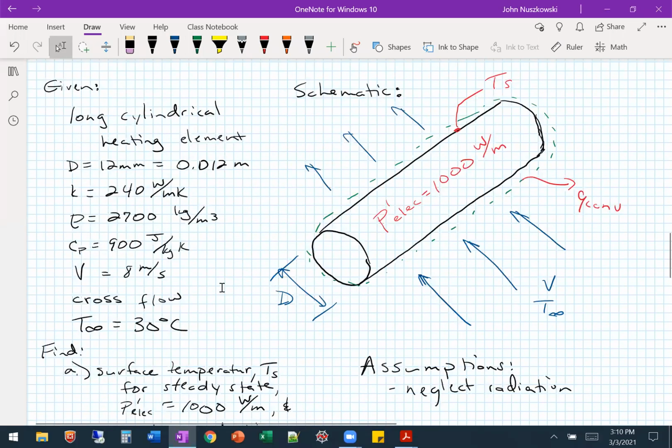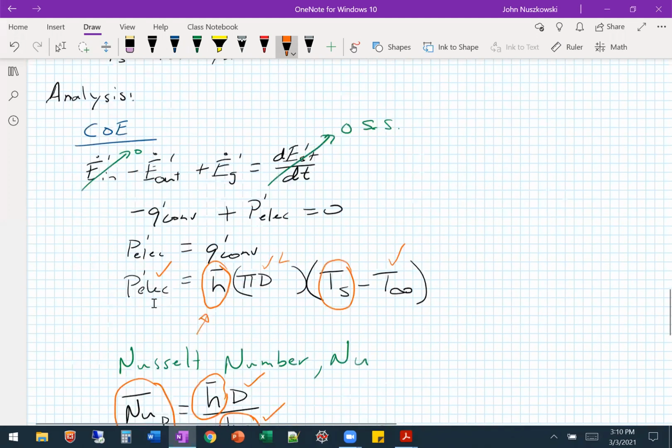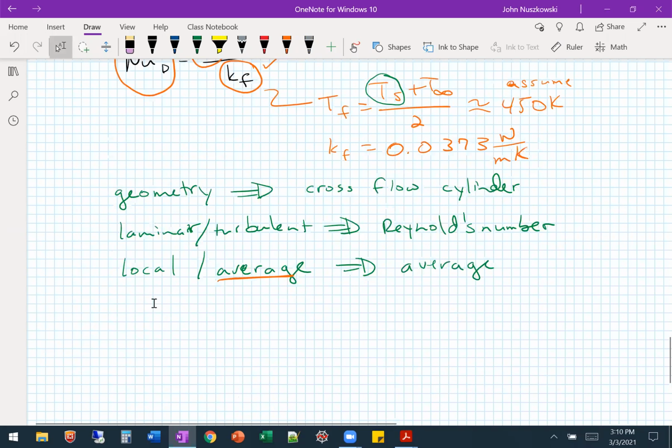We're not looking for a single point right here on the cylinder, because the convection coefficient changes as the flow goes around the cylinder. If we were interested in a single point, that's where we'd have to figure out the local value. Okay. So we have average. So those three things should help us, right?